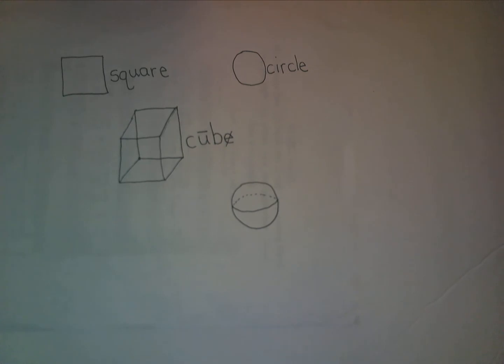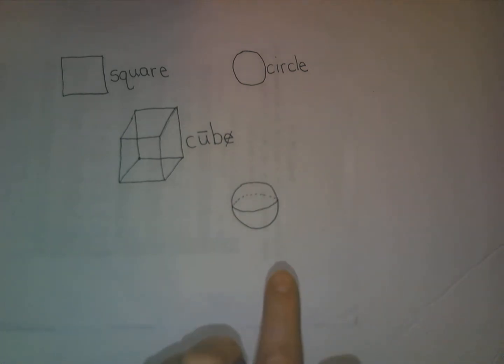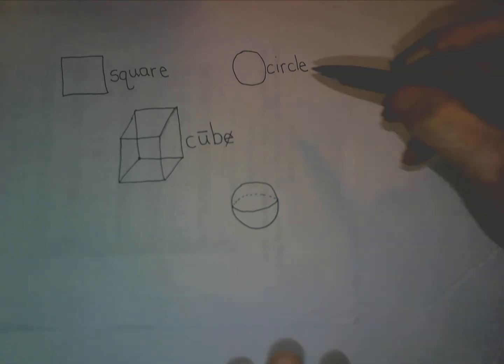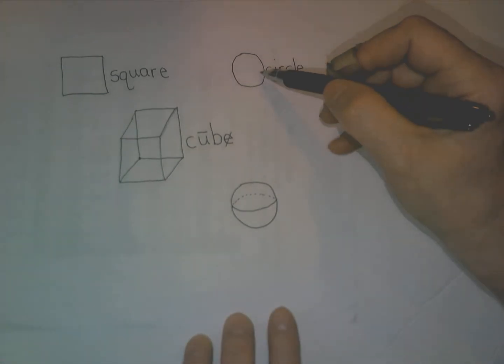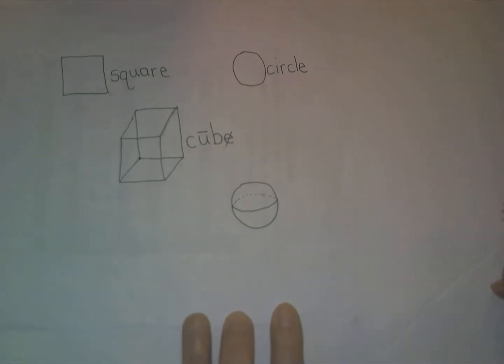Does that help you think of that circle as a sphere instead? It looks more like a ball, doesn't it? Like you could pick it up and hold it. This one looks flat. It's two-dimensional. This one is three-dimensional, and it's a sphere.